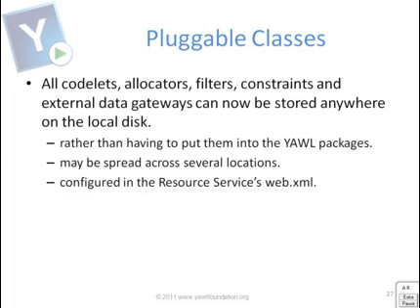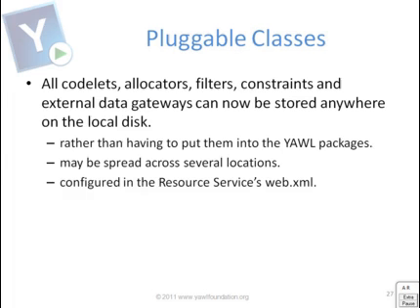Another bugbear in the old 2.1 was the fact that if you wrote any new codelets or allocators or filters or constraints, you had to insert them in the package along with the other YAWL classes. So that every time you upgraded your packages in Tomcat, you had to copy all of those out someplace, add the new system, and then copy them back in again.